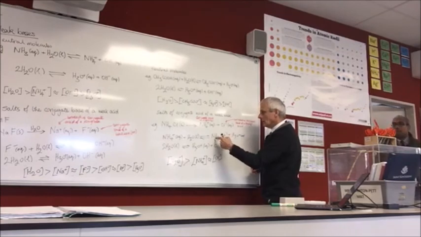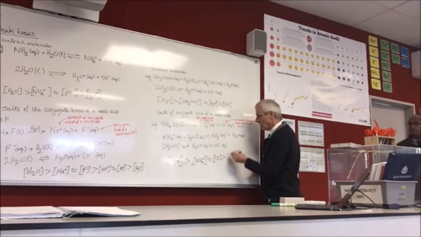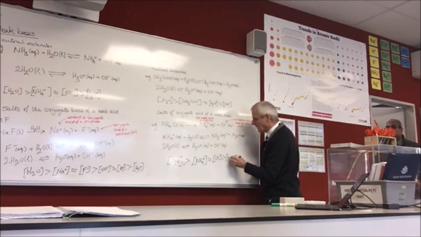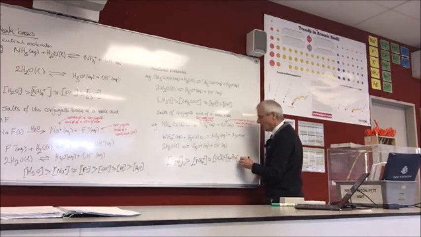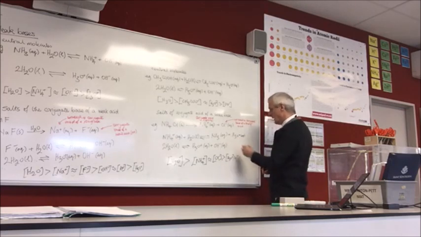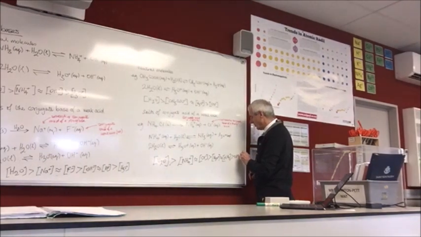Okay. Now I've got NH3 and H3O+, but H3O+ will be a little bit greater because it's produced in two reactions, but it's not significant. So that would be about the same as NH3, and then left over is OH-.